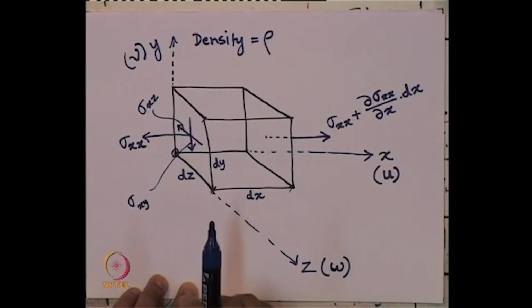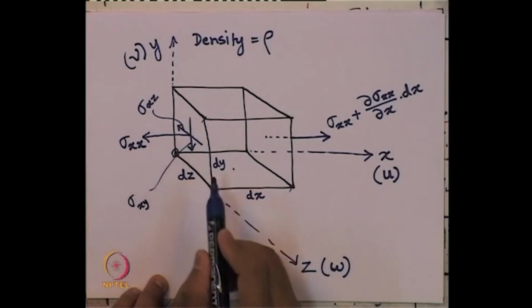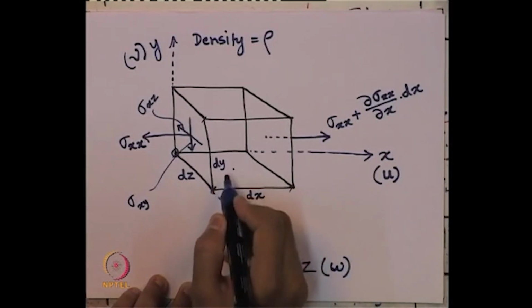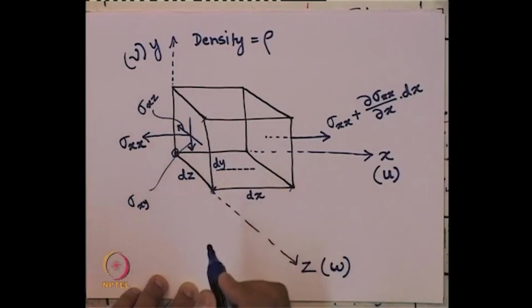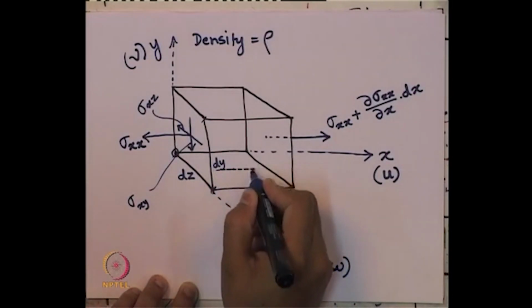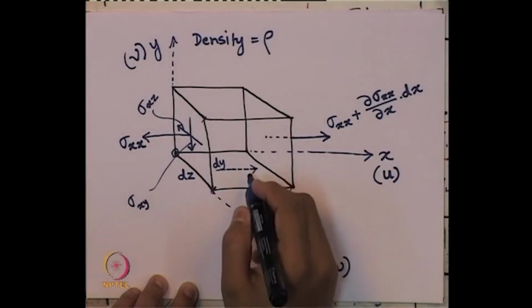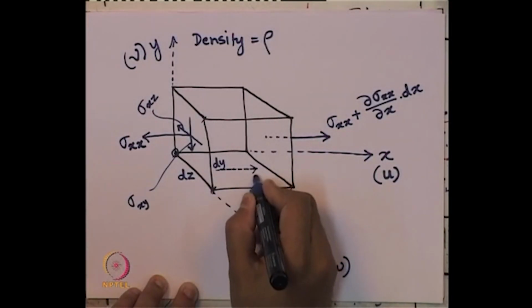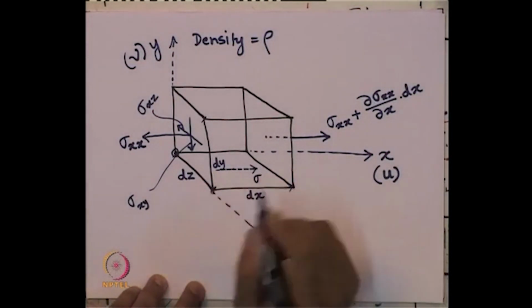We will see here. X direction stresses will be on this face, in this direction. This is sigma. It is in which plane? It is in z plane in x direction.